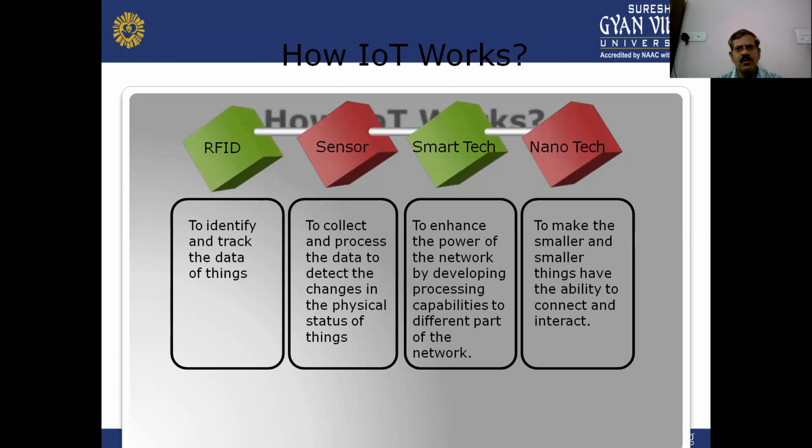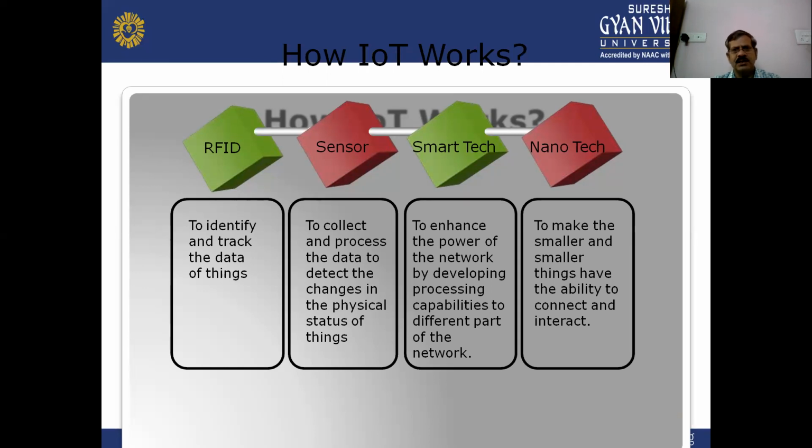So how does IoT work? There is RFID, next sensors, smart technology, and nanotechnology, to identify and track the data of things. RFID and sensors collect and process the data to detect the change in the physical status of things.